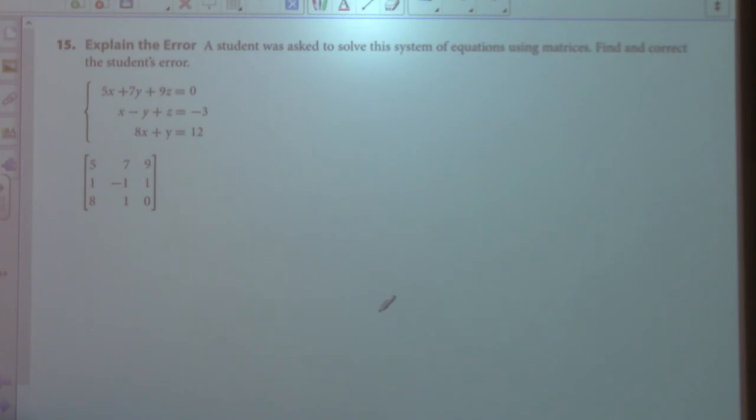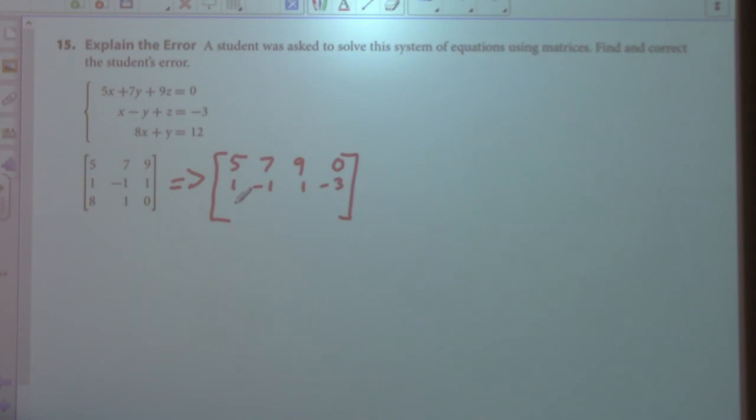On the bottom, it's only 3 across, it should be 4. Okay, you should have 4 columns, is that what you're saying? Okay. So let's go ahead and correct it. So Seth, what are those four columns going to look like? It should be 5, 7, 9, 0. And then on the next one, it should be 1, -1, 1, and then -3.